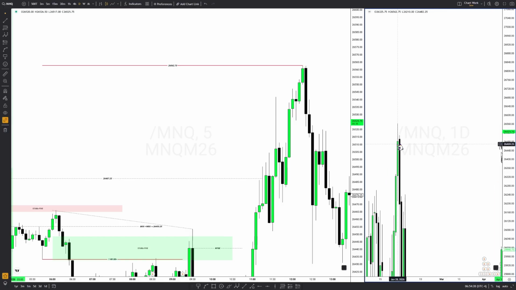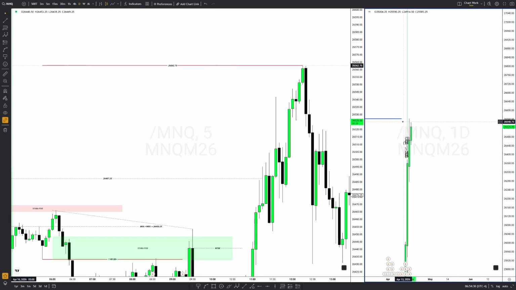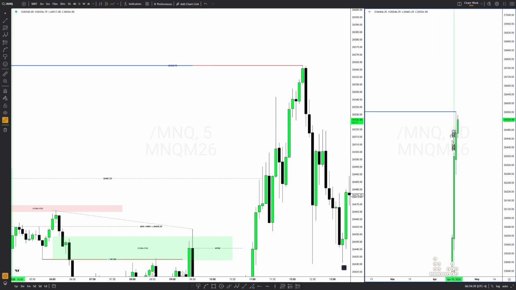This candle high was formed on the 28th of January, which was 2 months ago. We finally traded back into this high from 2 months ago on the 26th of April. So it took a while for us to get back into this area.